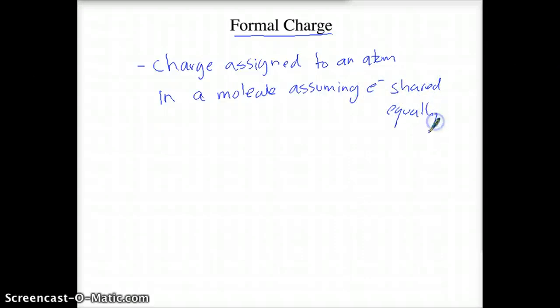So that means that if we have a compound like, I don't know, CH4, and we draw the Lewis structure for it, we're saying that the electrons in this bond are shared equally between carbon and hydrogen.